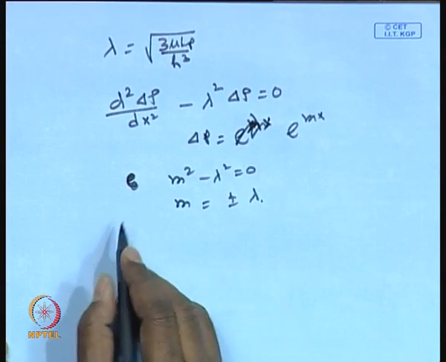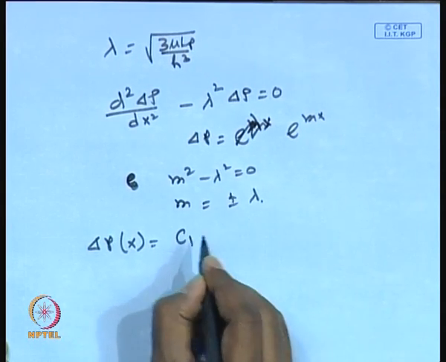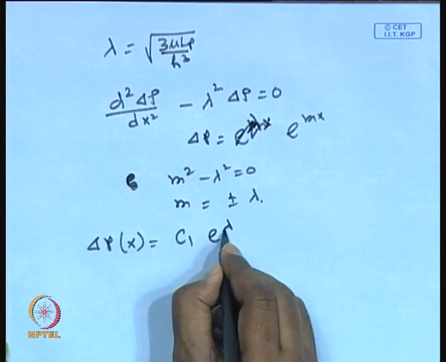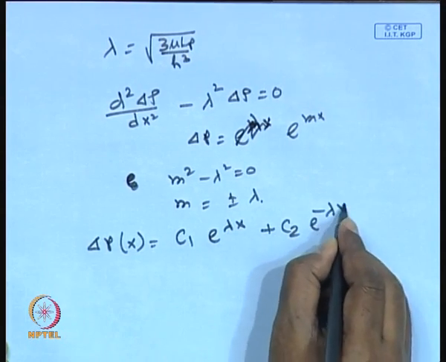So, you will get the solution delta p as a function of x as some constant c 1 multiplied by e to the power lambda x plus some constant c 2 e to the power minus lambda x.